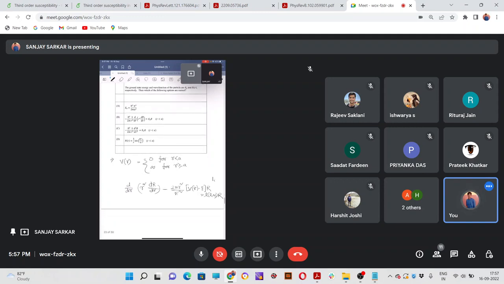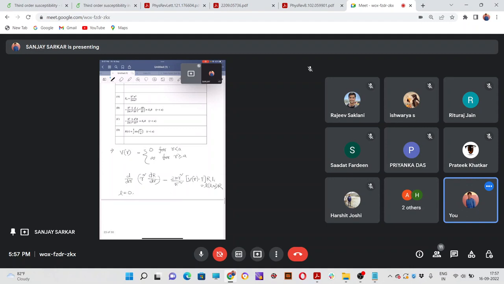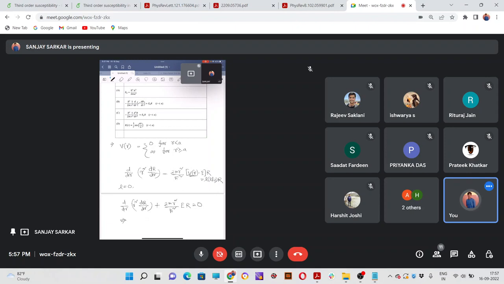For the ground state, let's put L equal to 0 to make the calculation easier, and V(r) is 0 for r less than a. Then d/dr of r square dR/dr plus 2m r square E by h bar square R equals 0.